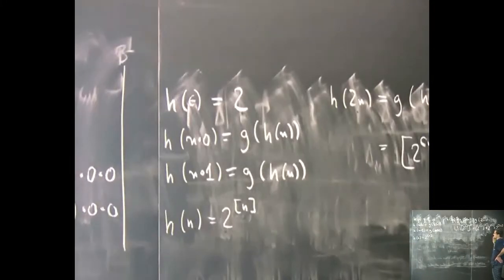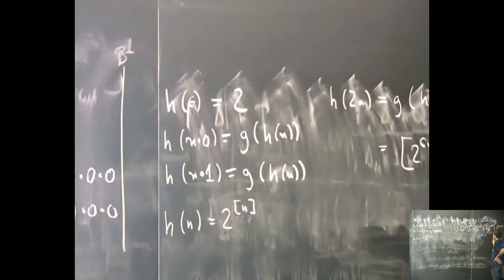I don't think they're actually equal. Yeah, it's 2 to the bracket plus 1. Where's the plus 1 coming from? Because brackets is f, right? So epsilon goes to 1.